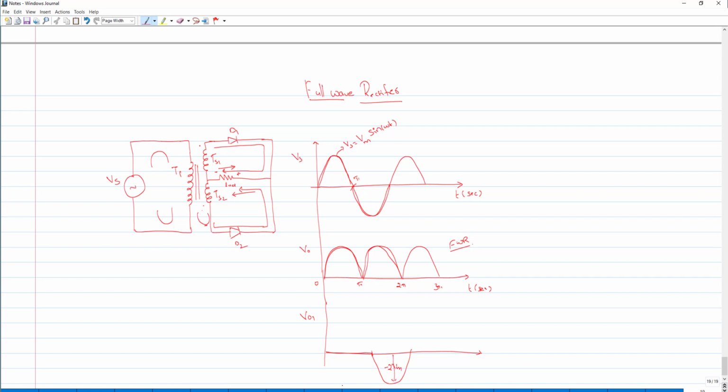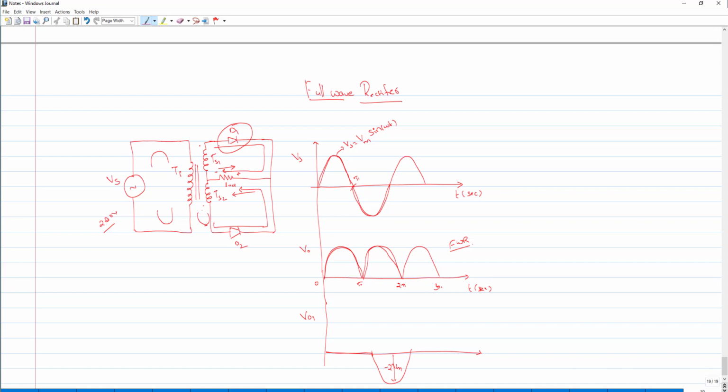So the important drawback of this type of rectifier is that the rating of the diode should be twice the peak voltage. If you take a 220 volt supply, the rating of the diode should be 440 volts. I'm just telling the peak.